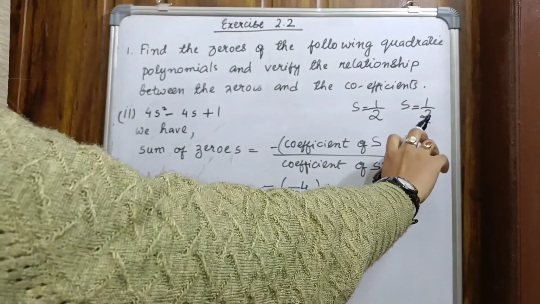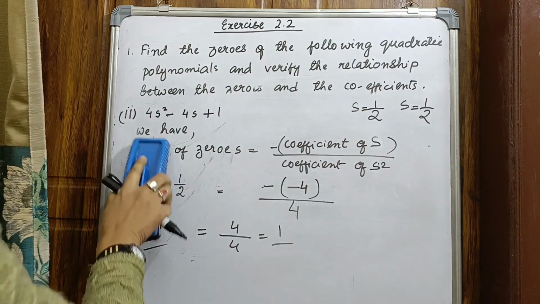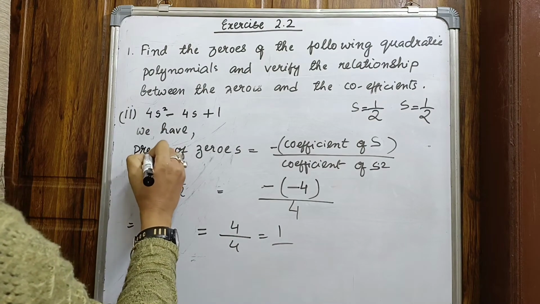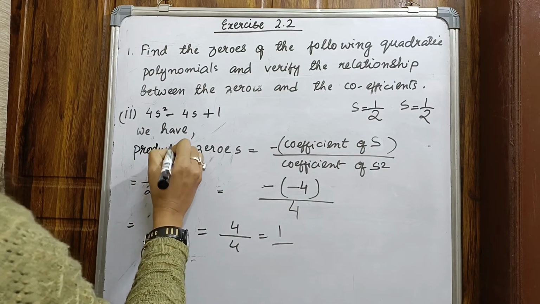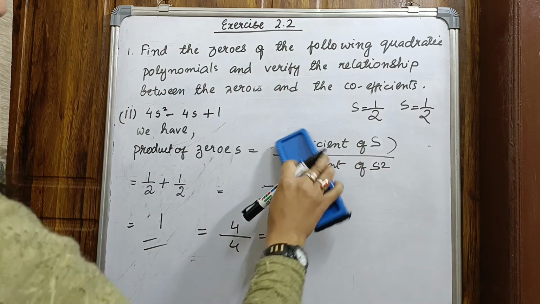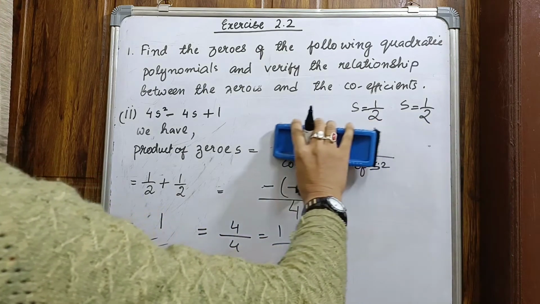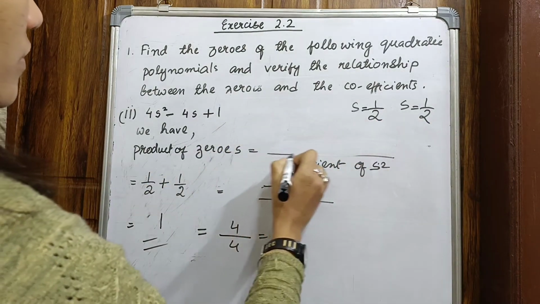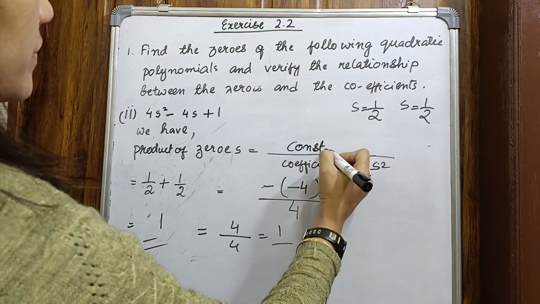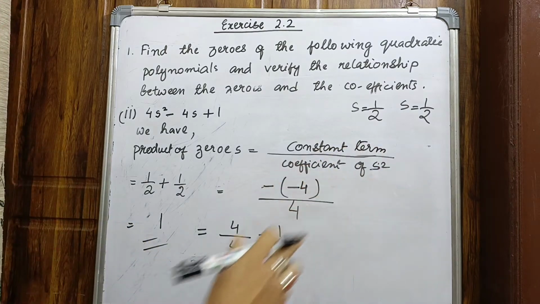So now we will find out the product of zeros for this. Product of zeros is the constant term by the coefficient of s square.